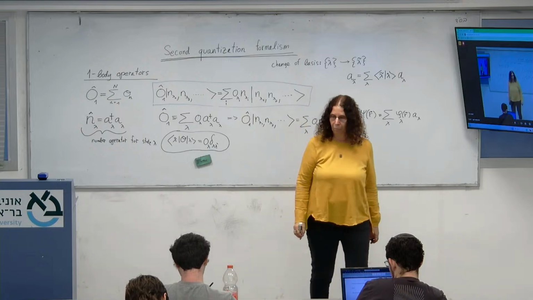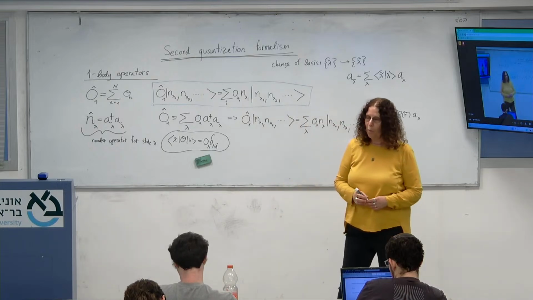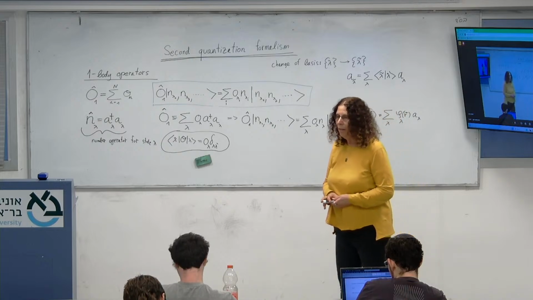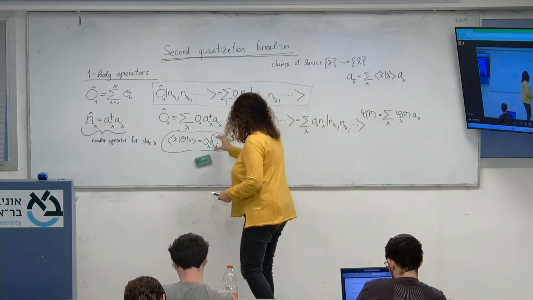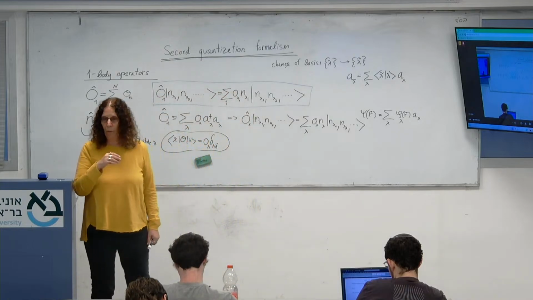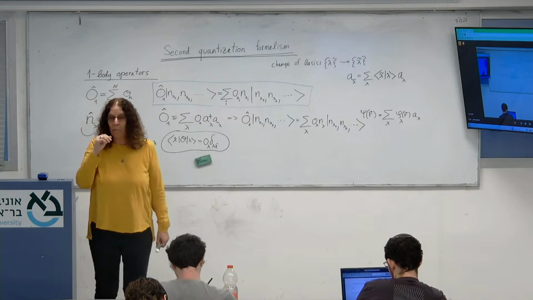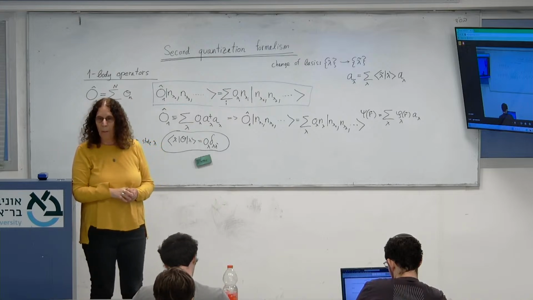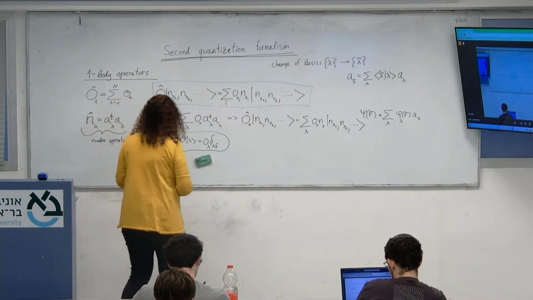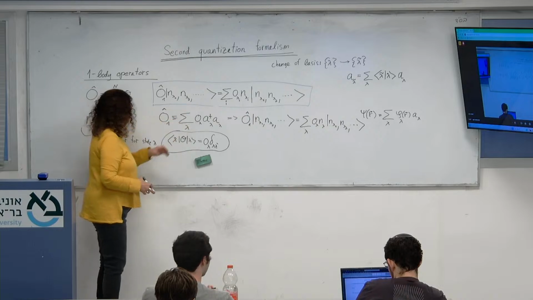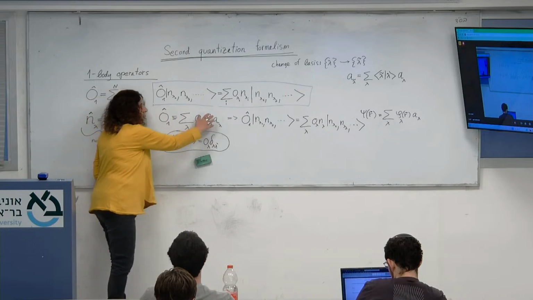But it's very particular to the basis lambda. Maybe we want to apply it on some state where there will be a different quantum number that will be more convenient or more relevant to the problem, but I still want to know what it will do. So this is not the most general way to write it.